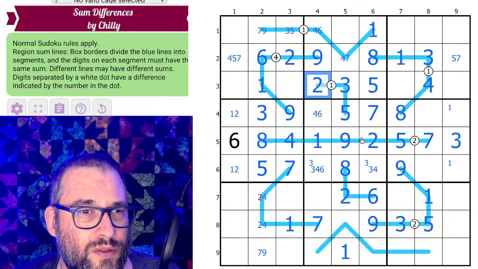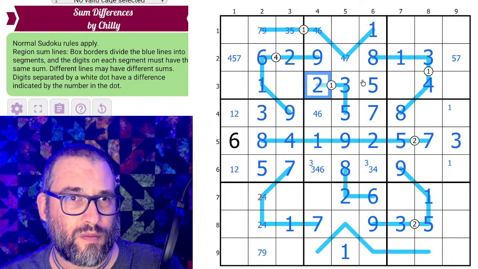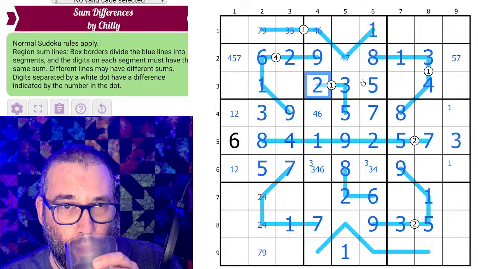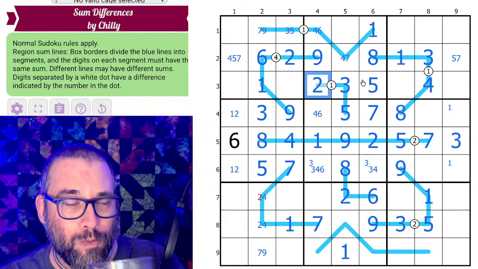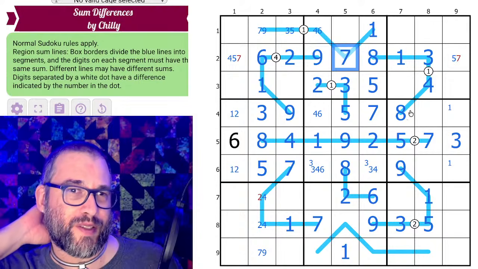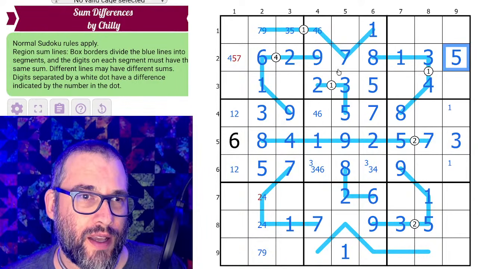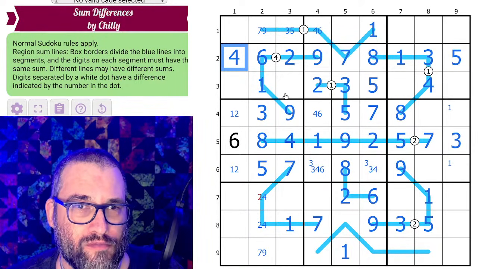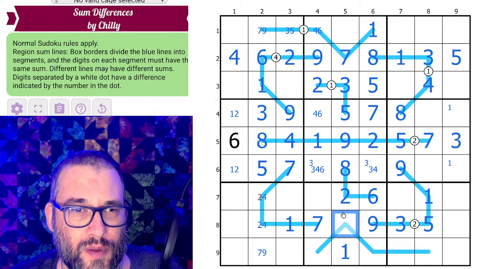An even total. We need an even total, so that just has to be a 7. I see. Let's see. This is not 1, 2, 3. Could be 4.